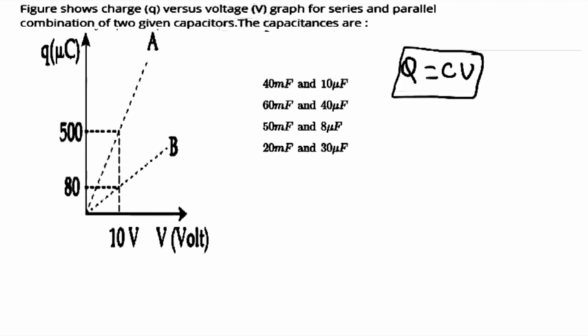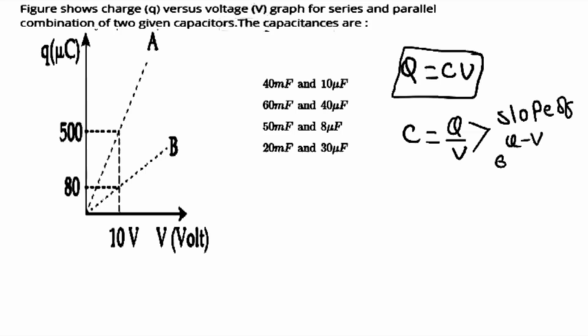We have to find C, and C can be written as Q divided by V. It means the slope of the QV graph will give C.